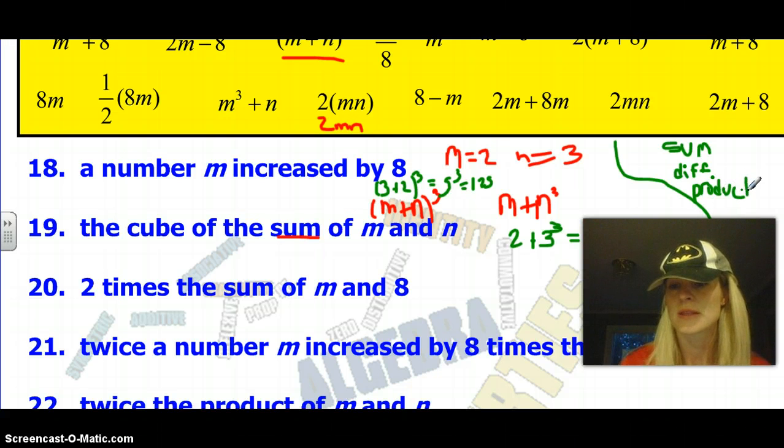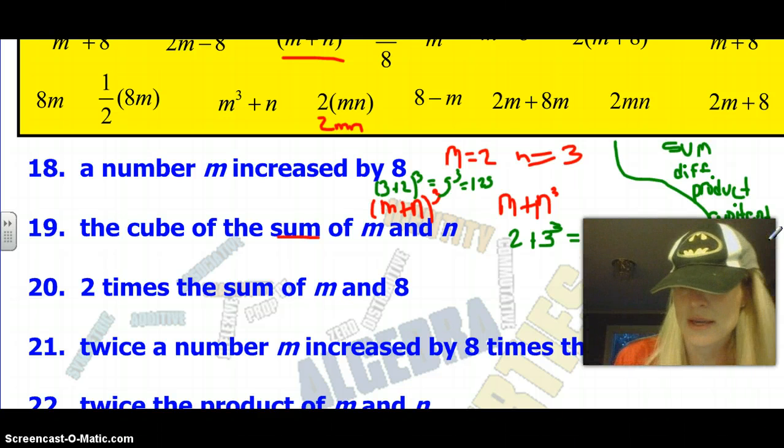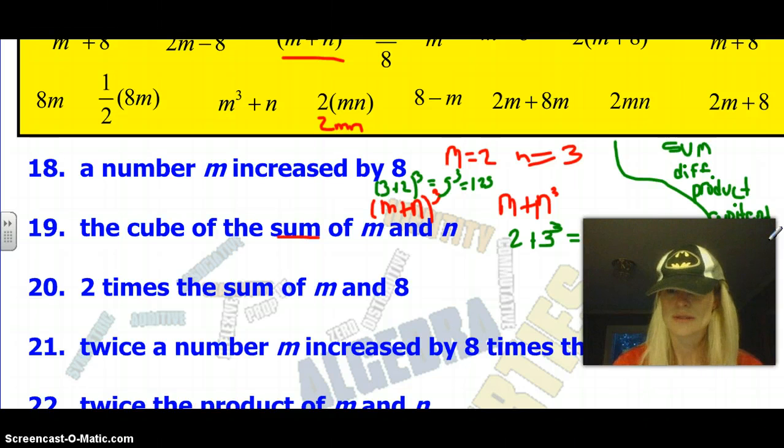And then for division, we have quotient. So if it says 3 times the quotient of n divided by 2, you would need parentheses around n divided by 2. Or they might just say, as we see in our classroom activity, the result or the solution of. So when you say 3 times the result of m and n, you would know m plus n needs the parentheses, okay?